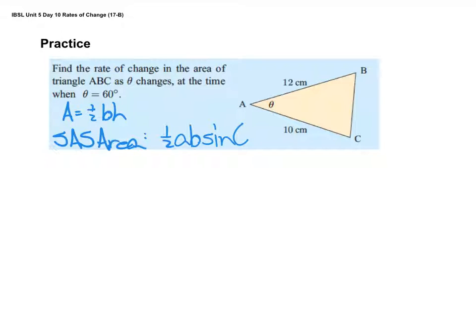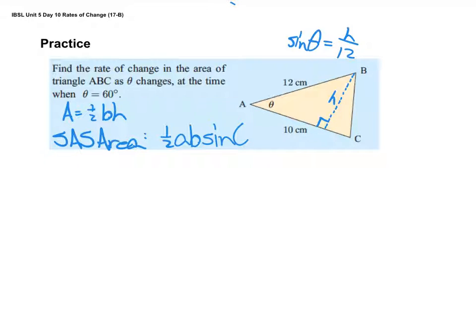If you remember, just check this out. Here's our height. If I made this the height, then AC, that 10, would be my base. So I need to figure out the height. Well, I've got theta, and the sine of theta equals h over 12.